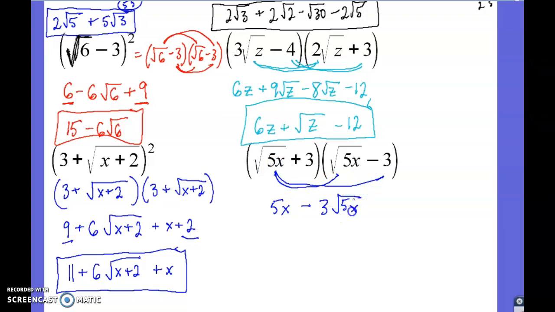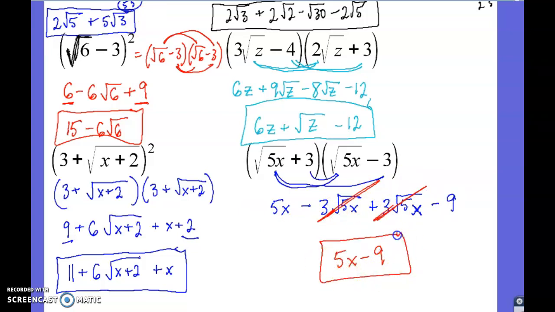Again, only multiply radicals with radicals. The inside is plus 3 root 5x. And 3 times negative 3 gives me negative 9. But just like I promised, the outside and inside terms will cancel. So we're just left with 5x minus 9 as our final answer.